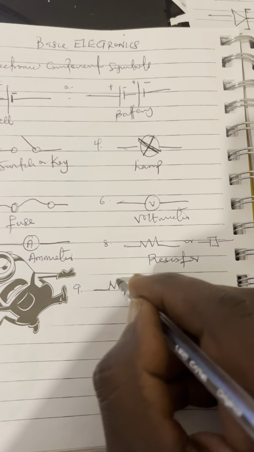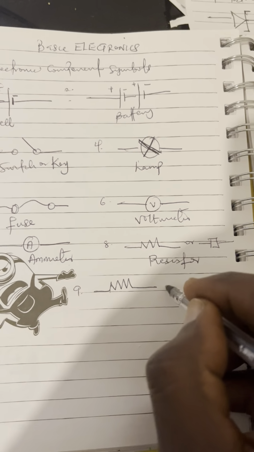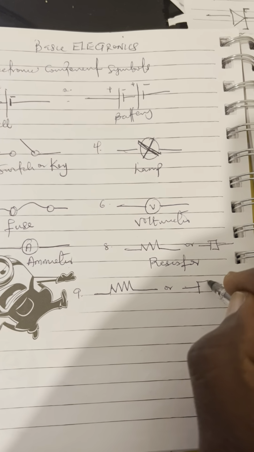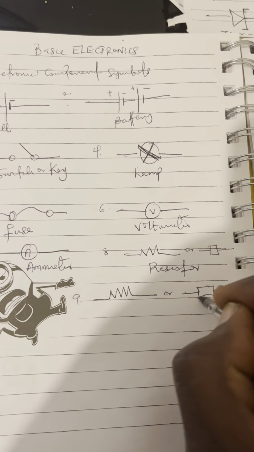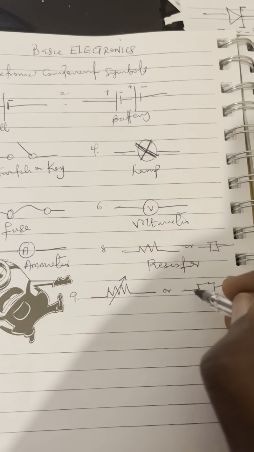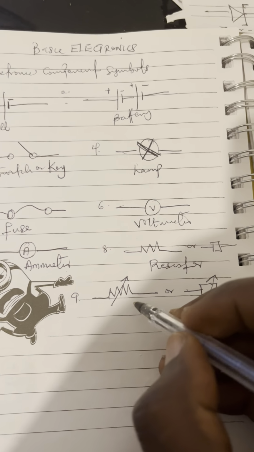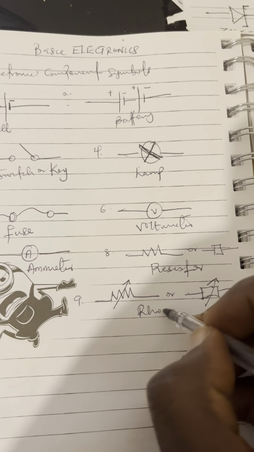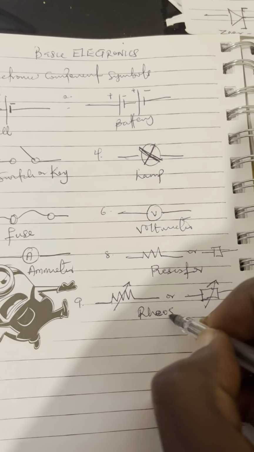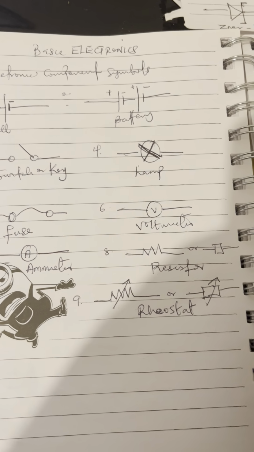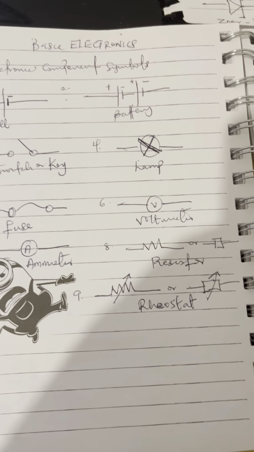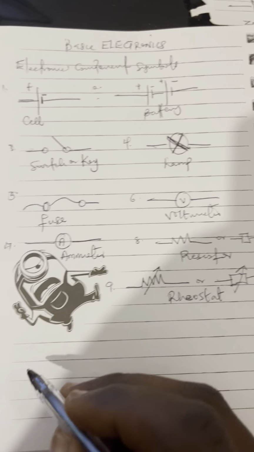Let's take another one. Let's look at this, or this. With an arrowhead like this, anytime you see something like this, it is called a rheostat. R-H-E-O-S-T-A-T. Rheostat. Let's take another one.